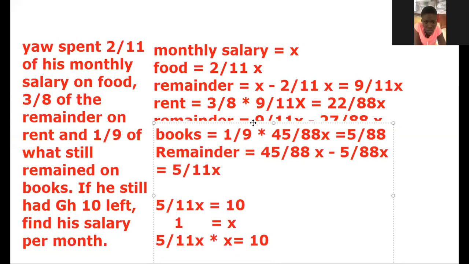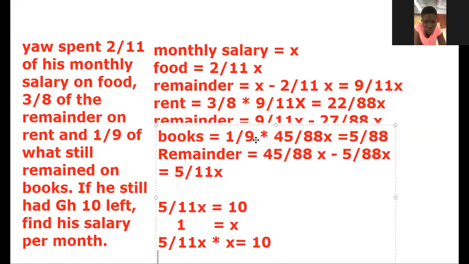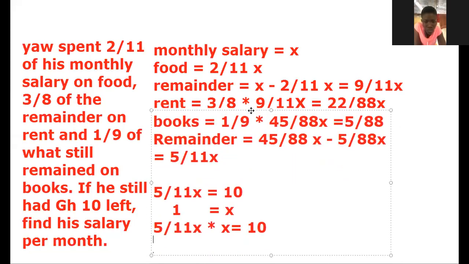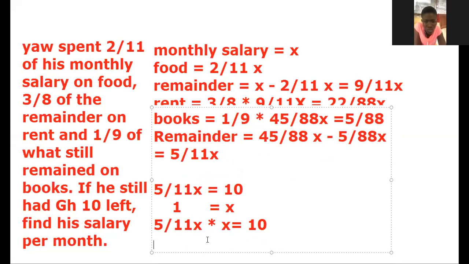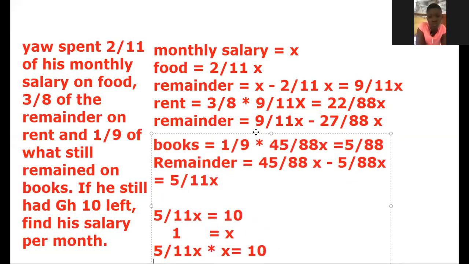One second. I hope you have written what is up there because I have to use this one up. I hope you have written it. If you haven't, let me bring it down, then you can write it. After that, we can continue. Today it seems you people are not responding, crowd.